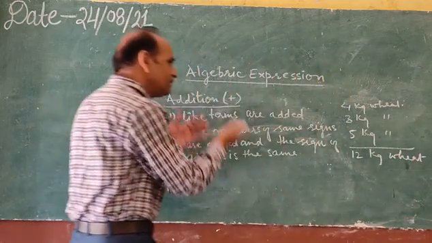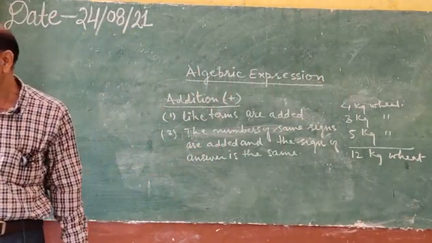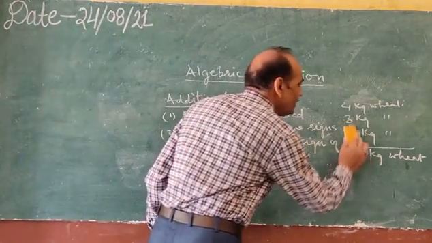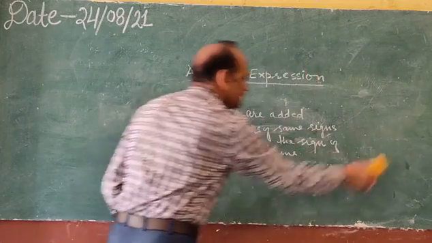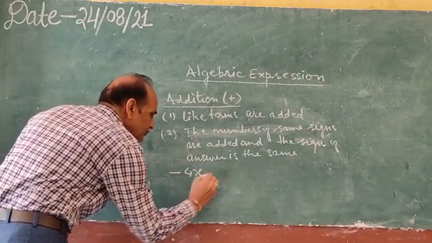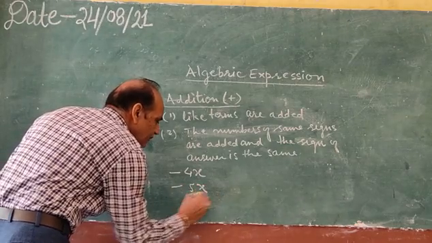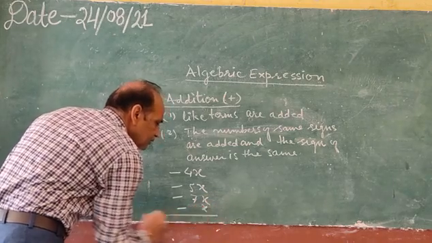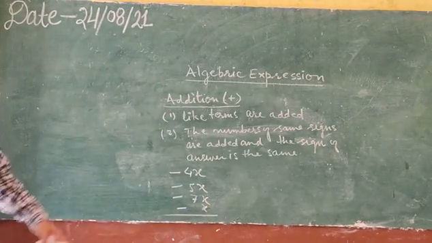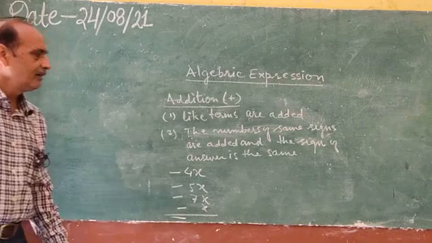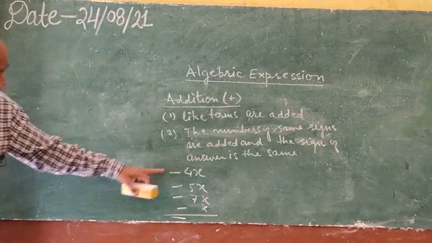So how can minus numbers be plus? No. The answer will be in minus. Suppose there are four numbers: minus 4x, minus 5x, minus 7x, and minus x. Like wheat, the sign of the answer is the same.